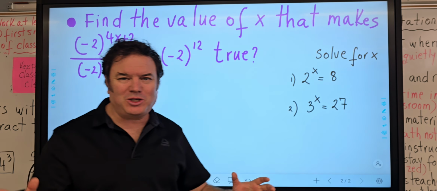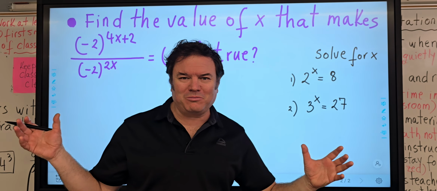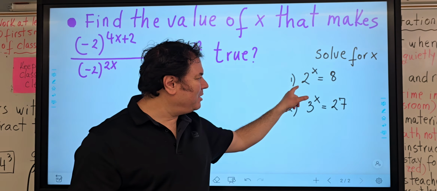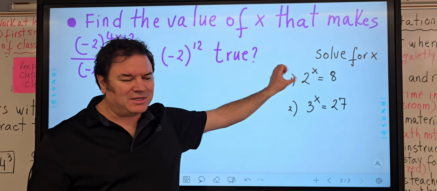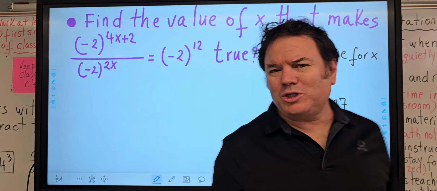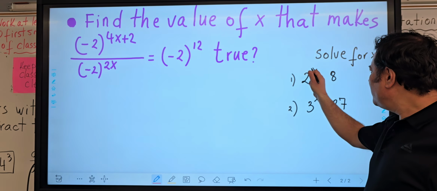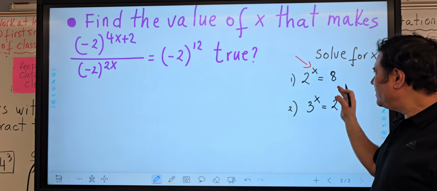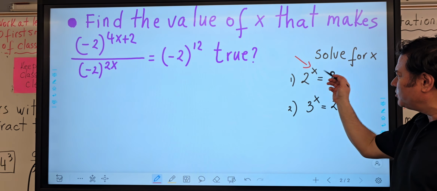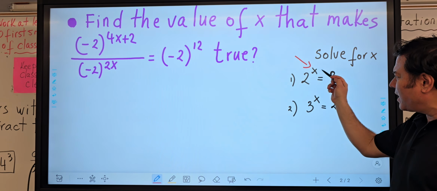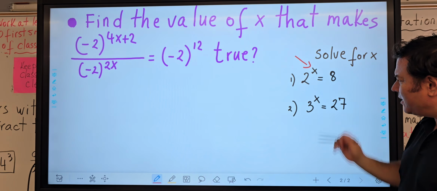Remember, equations have to be kept in balance. The left side should equal the right side. So we need to get 8 on the left side of the equation. What do you think we should put for x here in order for us to get 8? Let's try. 1 is too small. Let's try 2. If we put 2 for x, that would mean 2 times 2, which is 4, not quite 8.